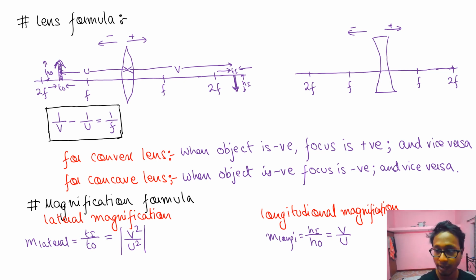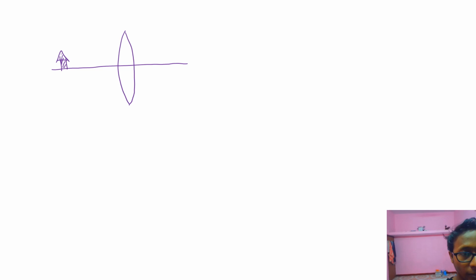How? Suppose in the previous slide, this was the lens, this was the object, and this was the image. What I have learned is magnification: the height of image by height of object.